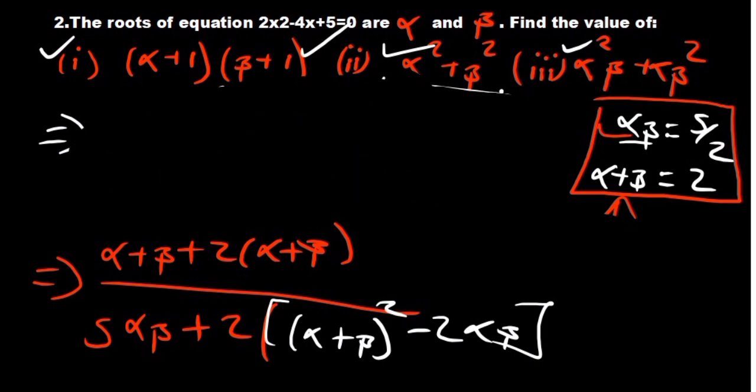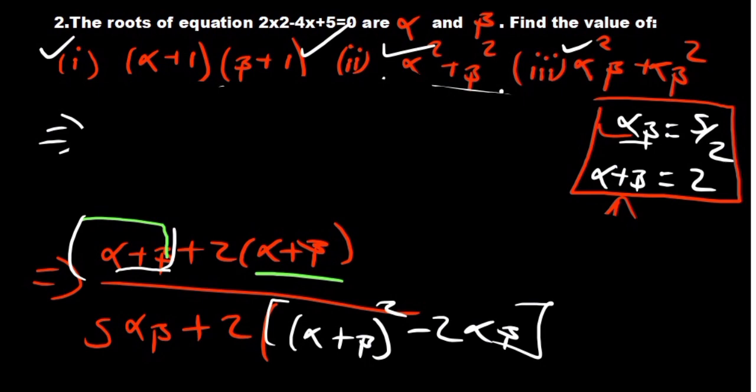So our alpha plus beta is what? Is a 2. Then alpha plus beta is also what? Is also a 2. So basically, we have like terms, alpha beta and 2 alpha beta.